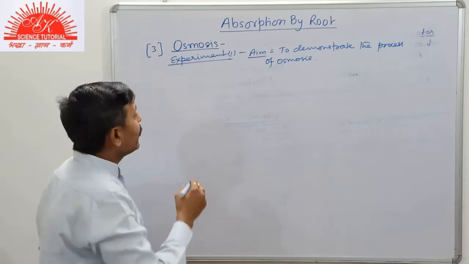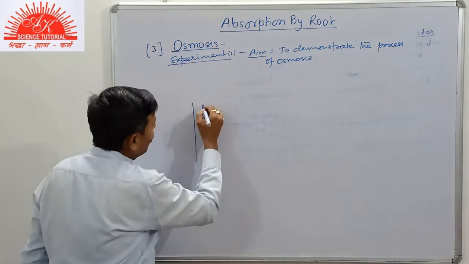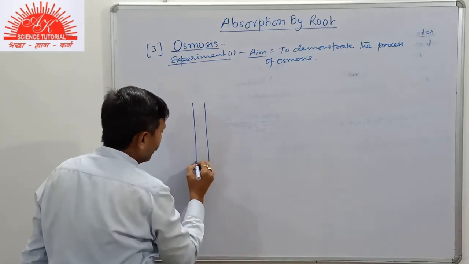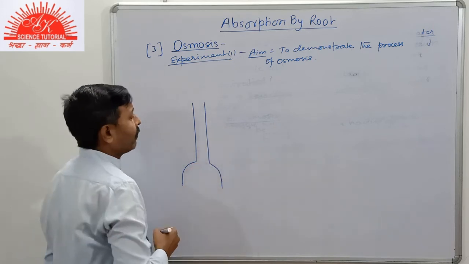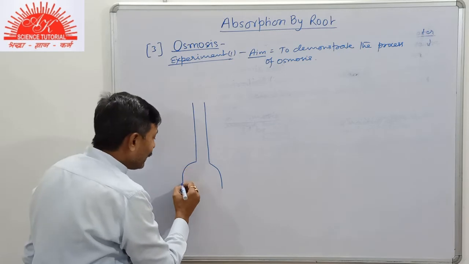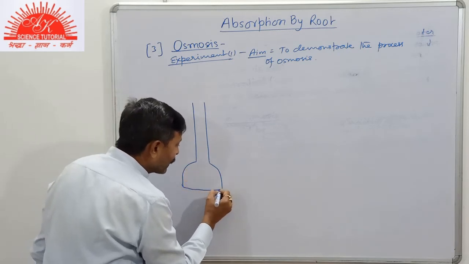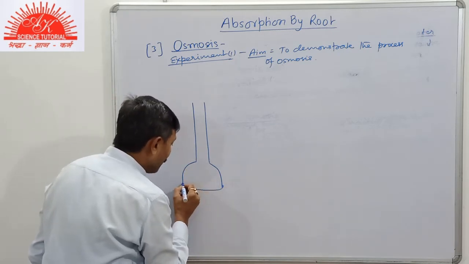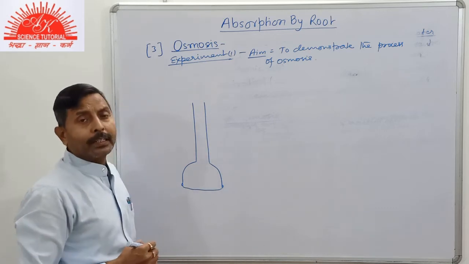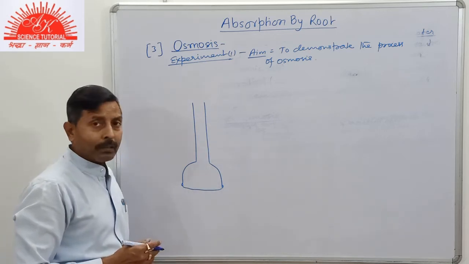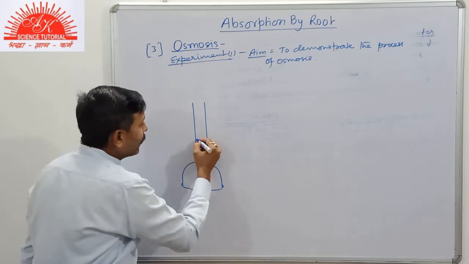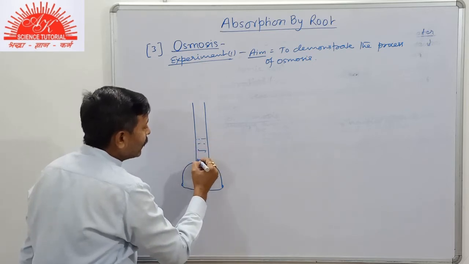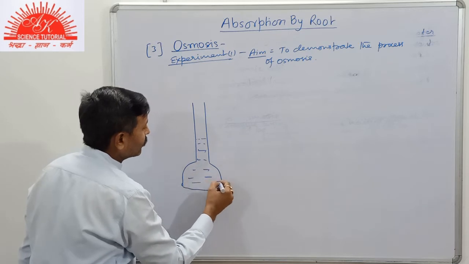First of all, we take a long stemmed funnel. At the end of the funnel, we tie a semi-permeable membrane firmly, like cellophane paper, the most easily available. Then we fill some concentrated sugar solution in it.